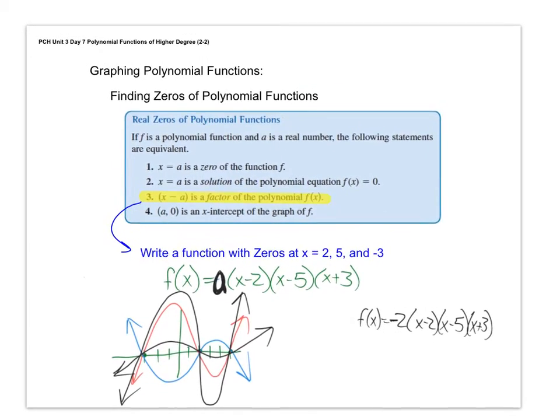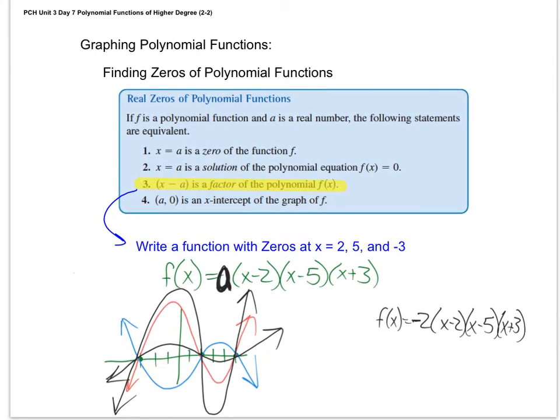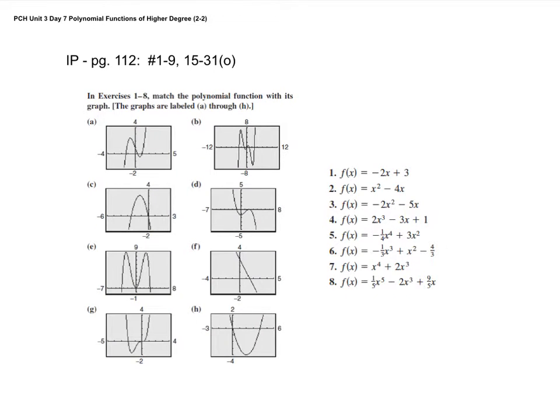Alright, so here's the thing. How do we get to a function that's all factored out? Well, you have to be able to factor, right? So we have situations where we can factor. You see things like these over here.